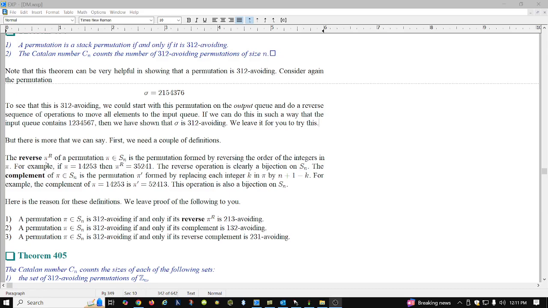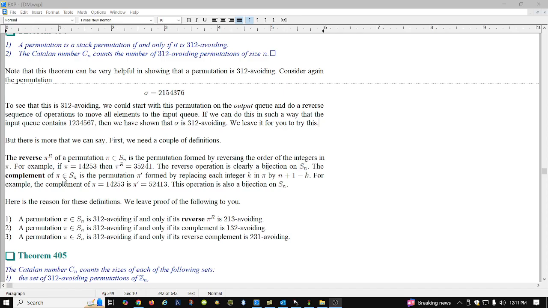The reverse, which I wrote as pi super r, of a permutation pi is the permutation formed by reversing the order of the integers. So 14253 becomes 35241. Just read the permutation backwards. And the reverse operation is clearly a bijection.